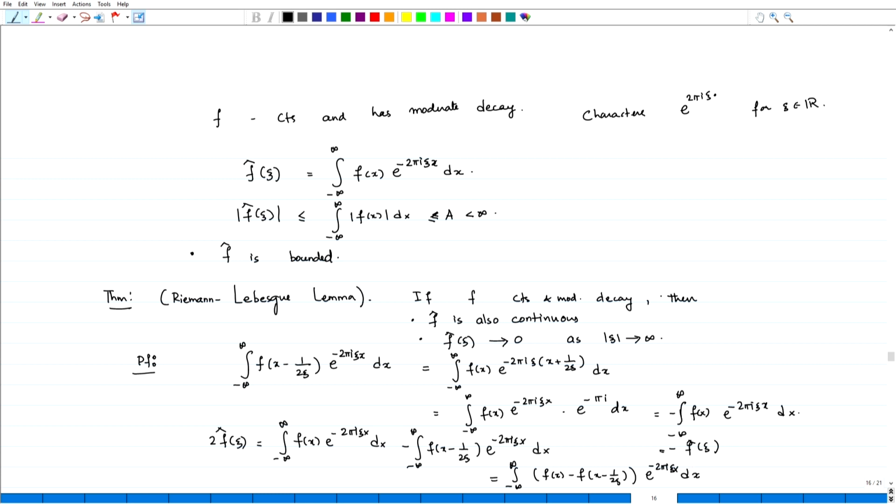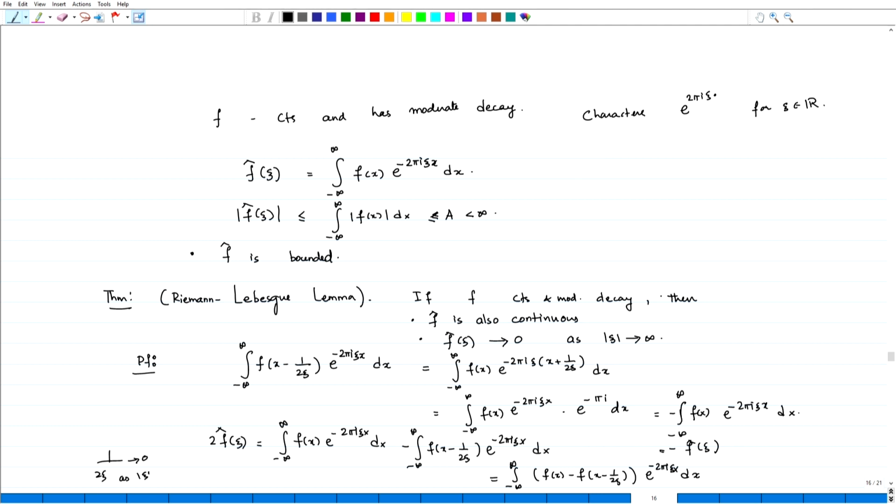Now, again, the integral from minus infinity to infinity we can take over minus n to n, and f is a continuous function, therefore uniformly continuous on a finite interval. If mod ξ goes to infinity, then 1 by 2 ξ goes to 0.